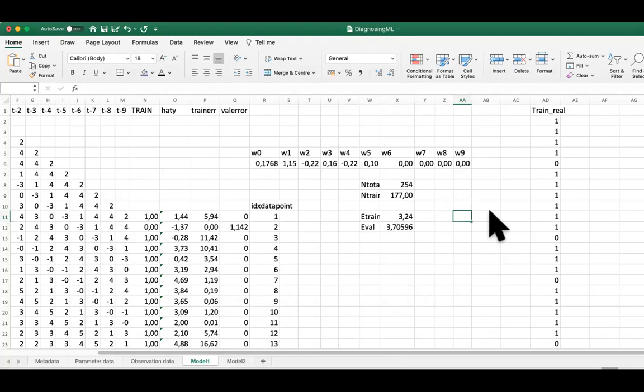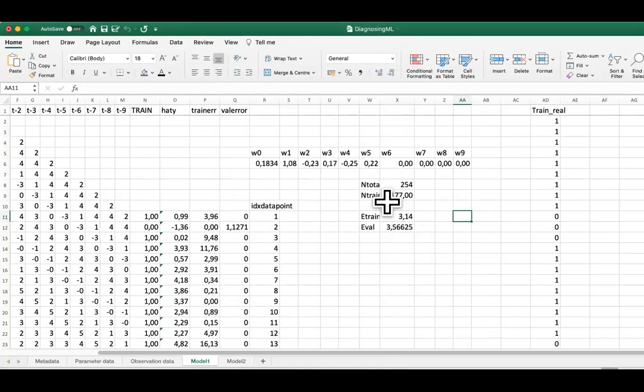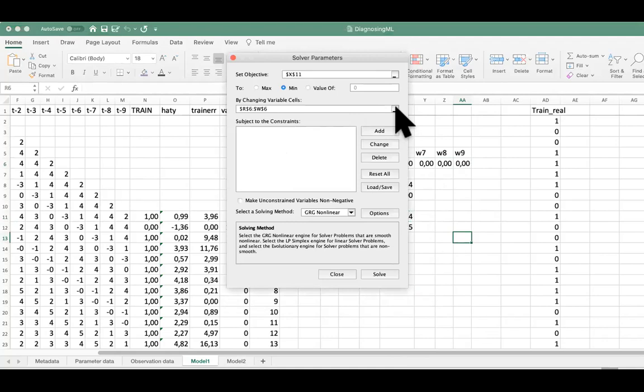So the training error goes up a bit. The validation error didn't go up that much, so I reduced it too much. I think I used also the 6. Wait, I pruned it too much.